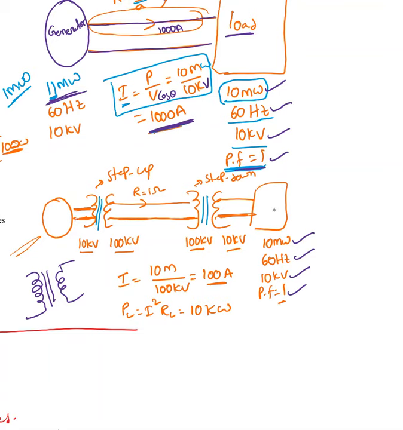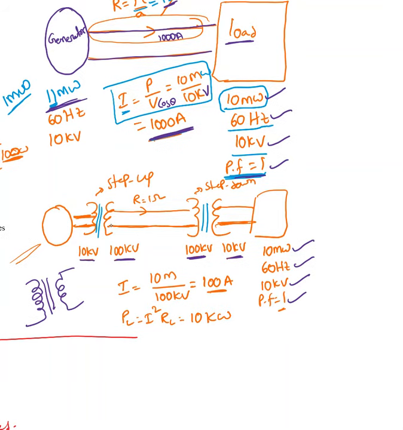The second transformer, I keep very close to the load center. The first transformer is 10 kV: if I give 10 kV input, it changes it to 100 kV. We call that a step-up transformer. The other one is 100 kV: we give 100 kV and it gives you back 10 kV. That is a step-down transformer. I'll talk about step-up and step-down in a minute.